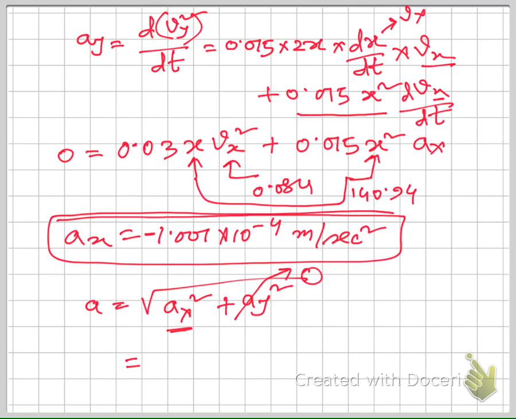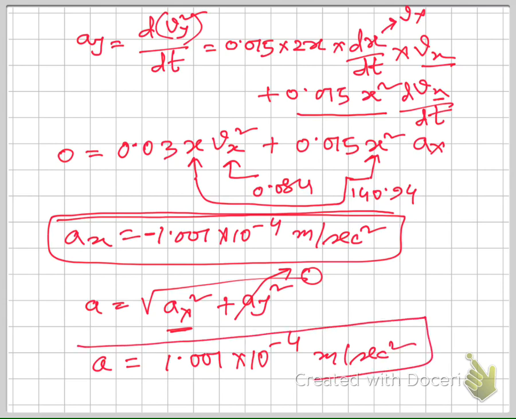So the magnitude of the acceleration would be 1.001 times 10 to the power negative 4 meter per second square. So this is our final answer.